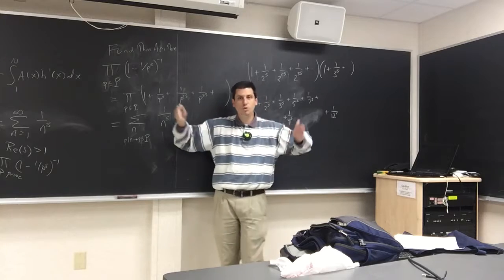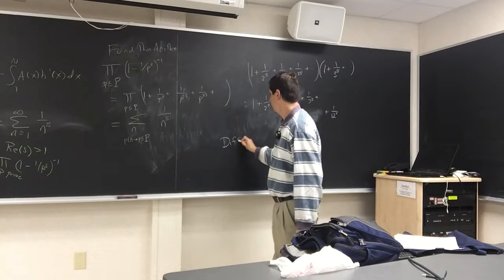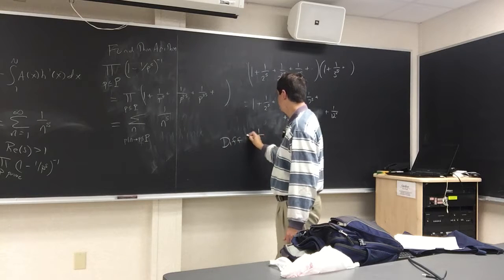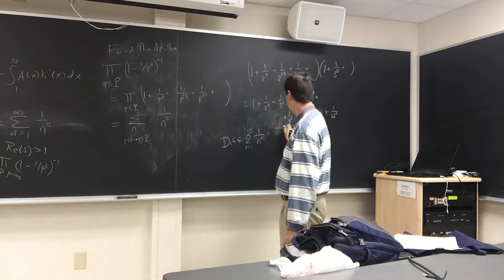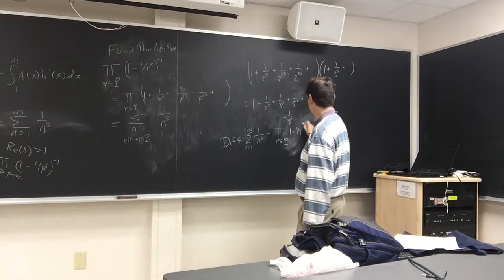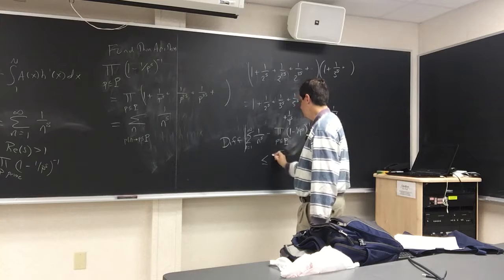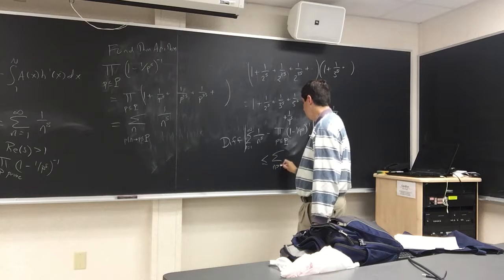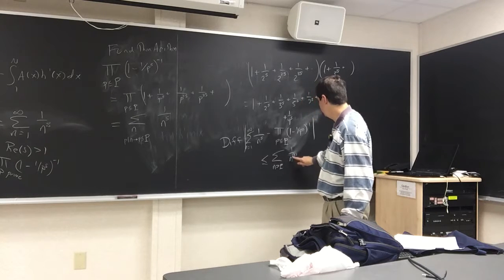So if I look at the difference, the sum from n equals 1 to infinity of 1 over n to the s minus the product over p less than or equal to big P of 1 minus 1 over p to the s, inverse, this will be less than or equal to the sum over n greater than P of 1 over n to the absolute value of s. Well, let's do the real part of s.